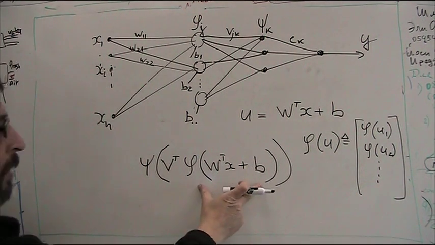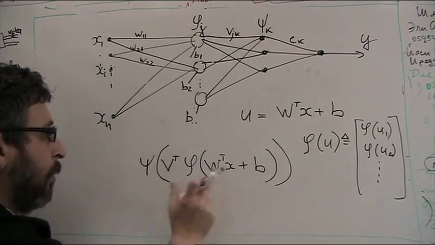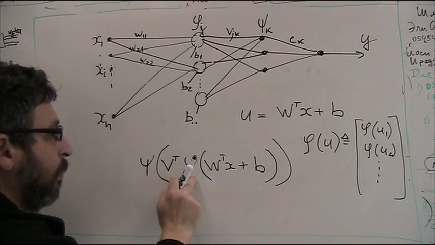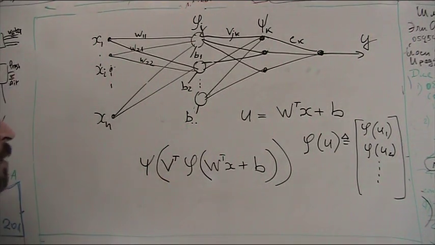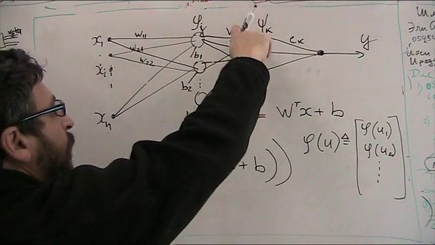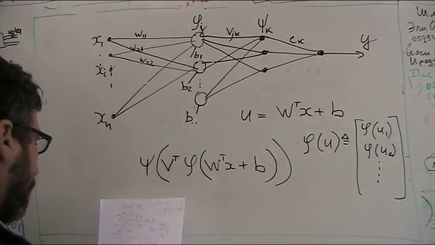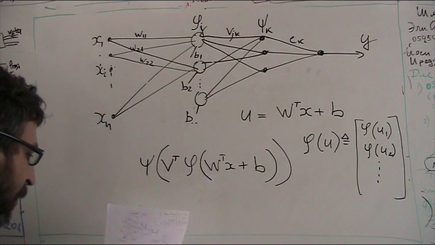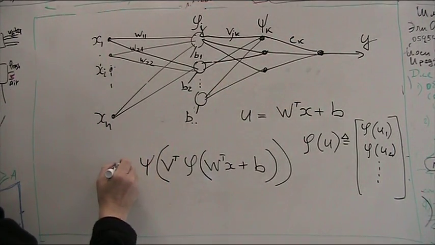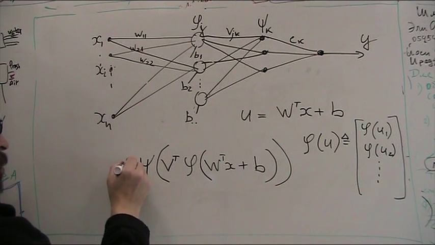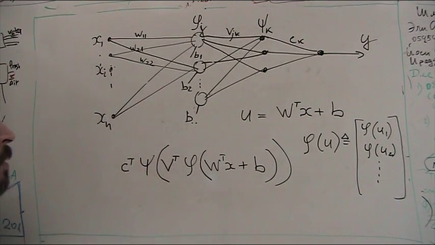Again, what is inside here is a vector, because it's a matrix multiplied by some vector, and here maybe probably some other bias, but I don't write it in this particular case. And then we multiply by the transpose of vector C. And this is our function of the neural network.